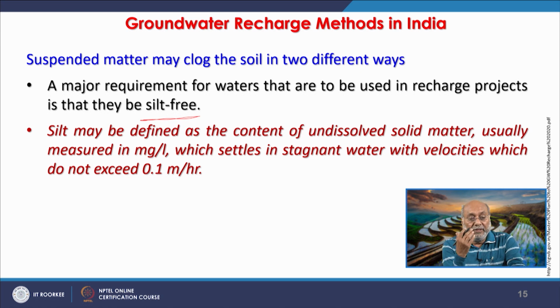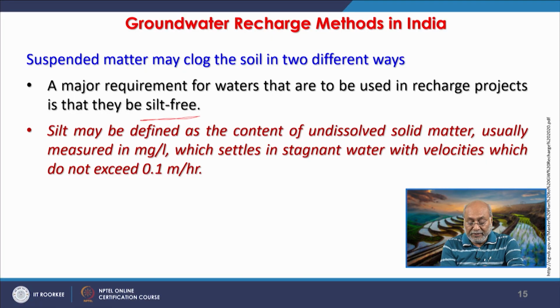If without desilting the same water is allowed to enter the groundwater regime, your groundwater structure will not be efficient at all, because the silt on the top surface will block further infiltration of the water. So, it has to be first desilted and then allowed to enter the groundwater regime through infiltration and percolation.